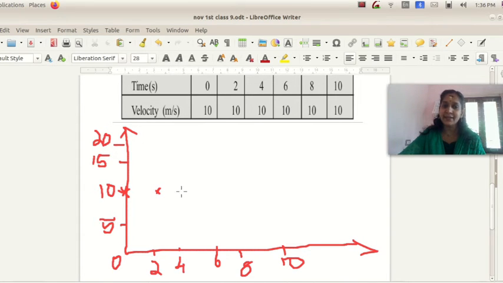At the 4th second, the 6th second, the 8th second, and the 10th second also, the velocity of the car is again 10 meter per second. So velocity is not changing. In each second the velocity is the same. So we can mark like this and join the values. We get a steady graph, isn't it?